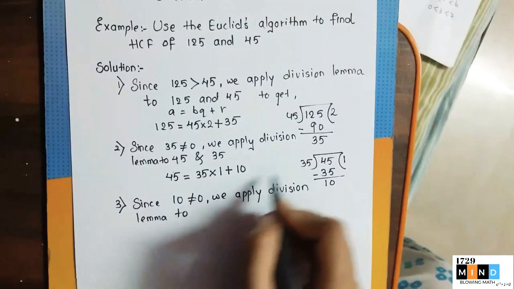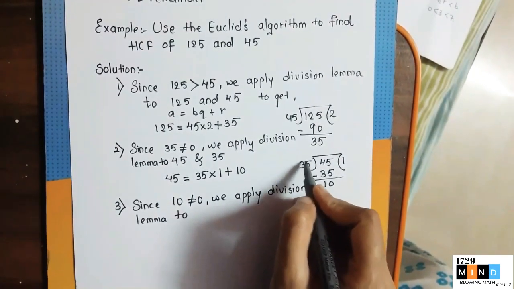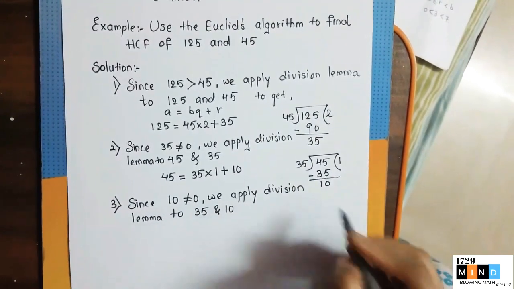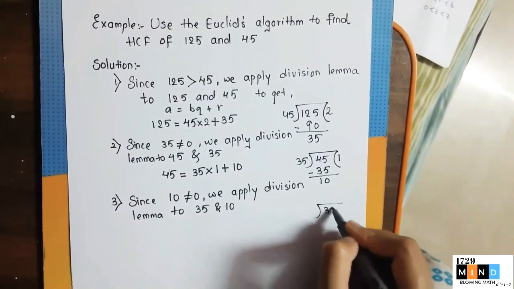What is the new remainder? 10, and the divisor is 35, which will become the dividend. So 35 and 10. Now I will divide 35 by 10.